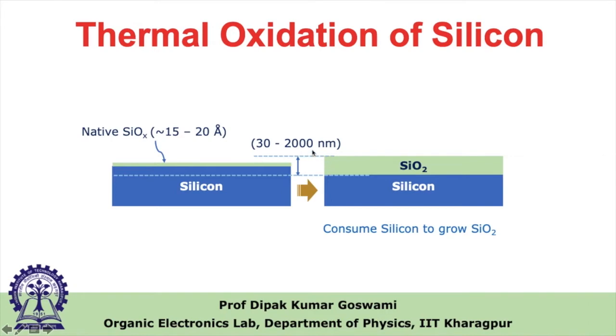And when you grow this silicon dioxide thickness, this is the thickness of the silicon crystal which has been converted into silicon dioxide. That means you consume some of the single crystal silicon and convert it into a silicon dioxide layer, right?